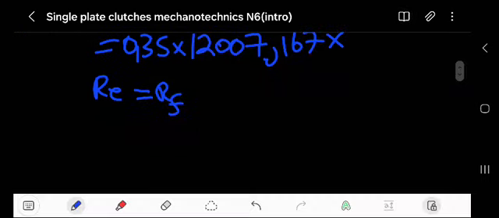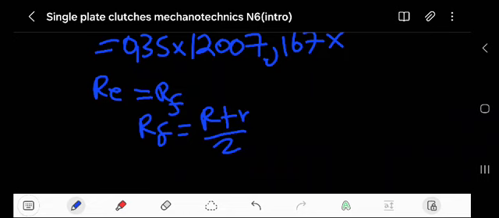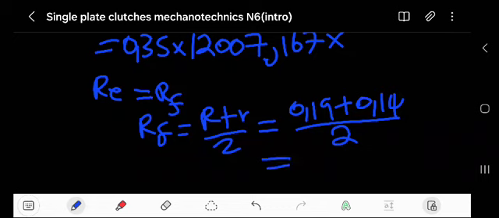But we know this RF is equal to R plus r over 2 because this is the uniform wear theory. Then our R is 0.19 plus 0.14. We divide this by 2. If you divide that, you're supposed to get 0.165 meter.